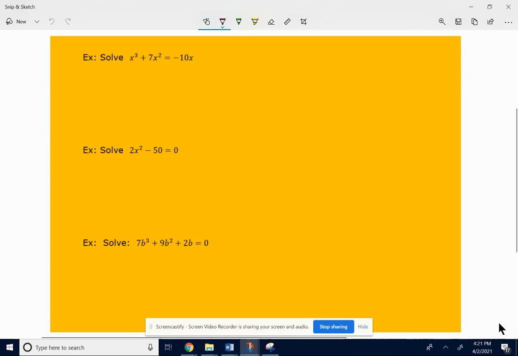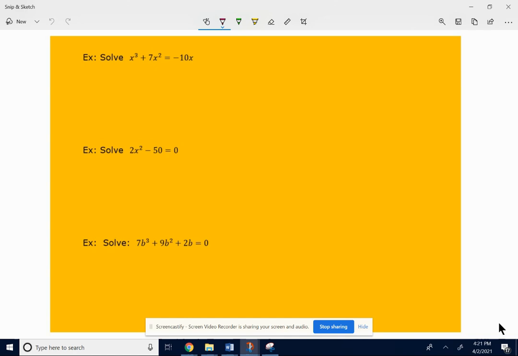We're going to solve x to the third plus 7x squared equals negative 10x. What we're trying to do is find all the x values that will make this equation true. The way we're going to do it, we first need to get 0 on one side, because we don't have 0 on one side.